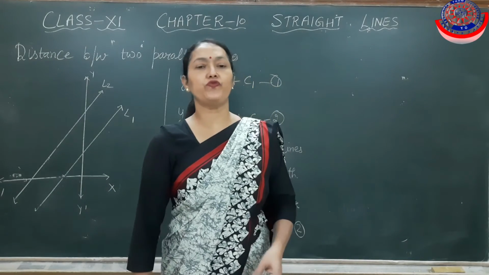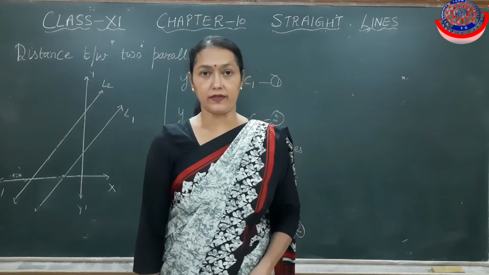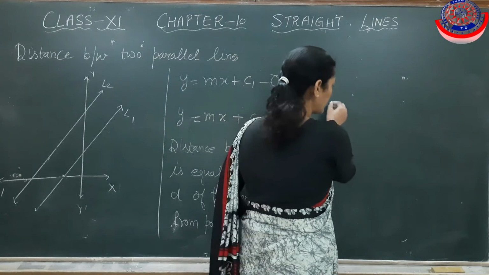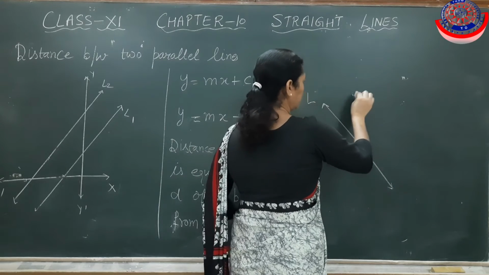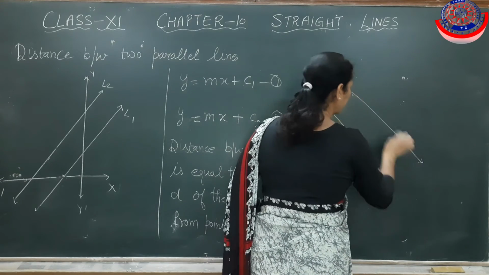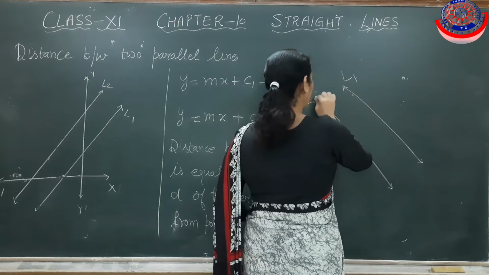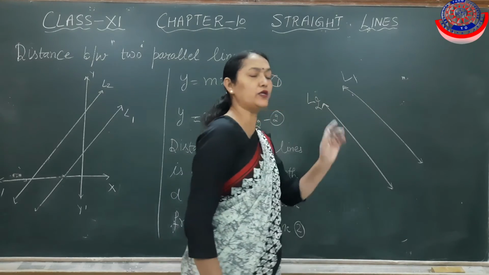Now the next topic is to find the distance between two parallel lines. Suppose we are having two lines, L1 and L2. These two lines are parallel to each other.